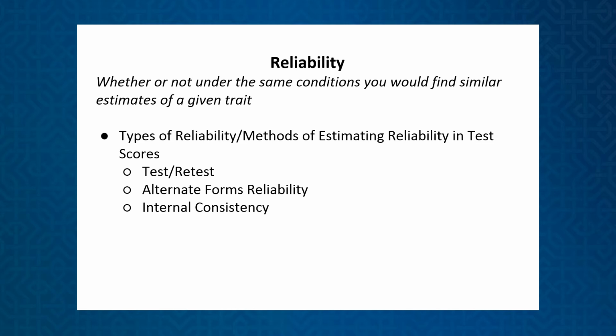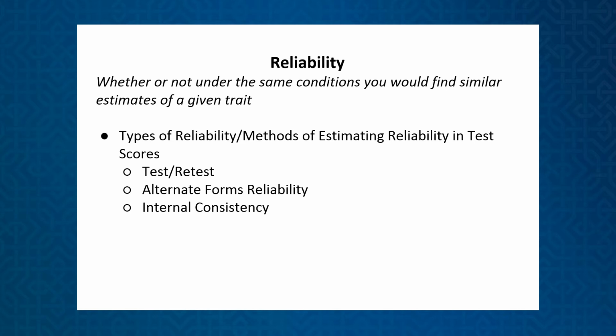So in other words, you could trust the results that you were getting back. And you can see now how you couldn't be valid without being reliable, because if you're getting information that is inconsistent, then it can't be measuring what it's supposed to be measuring, given that everything else has remained the same.